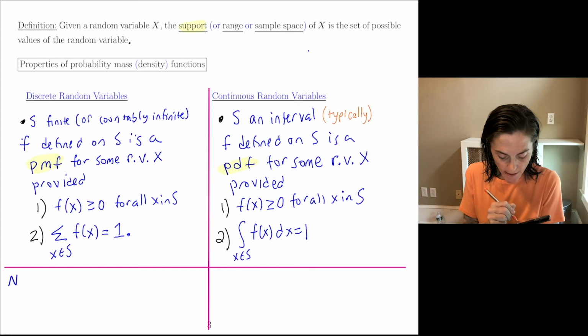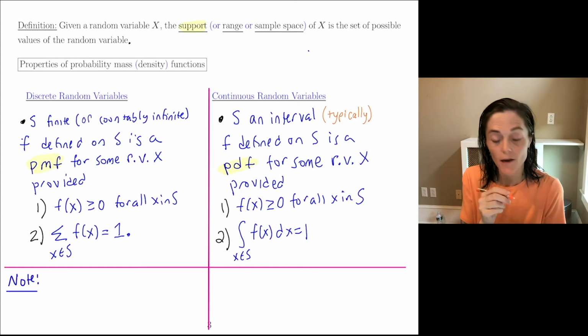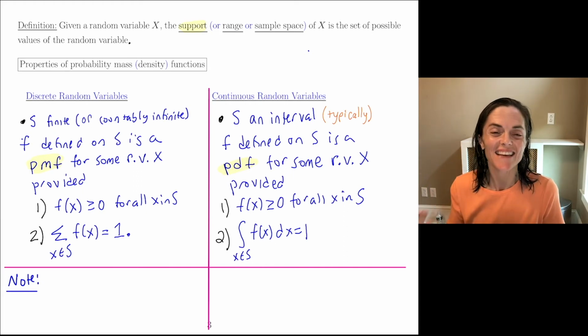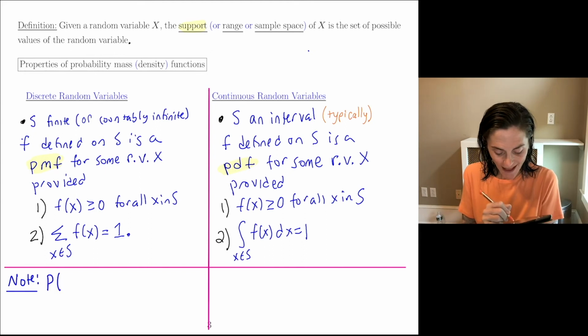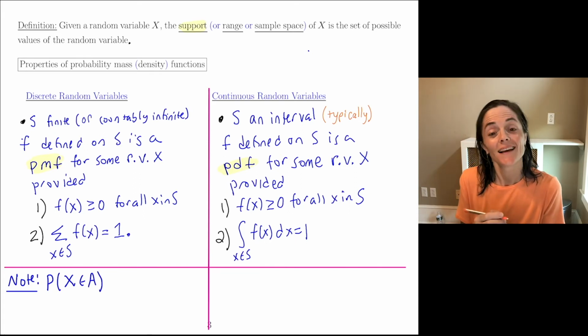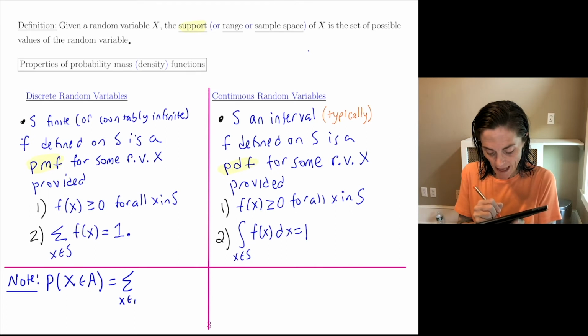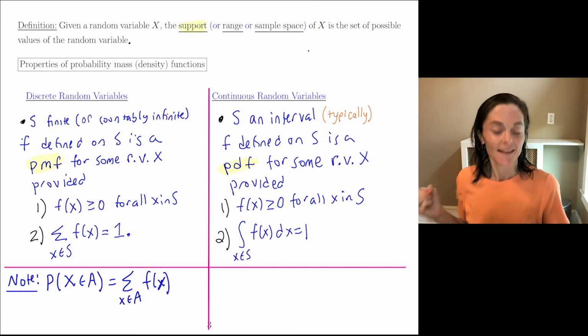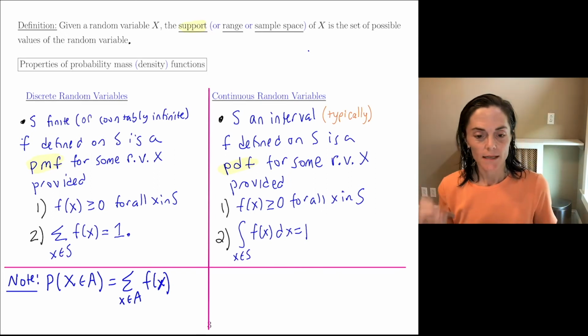This we actually saw in the last example, and then I'll also make a remark about the corresponding statement in the continuous world. So in this world, if you want the probability that your random variable lies in a set A, you just sum, just as we saw, little x in capital A of f of x. This is in the discrete world, whether you're working with a finite set or countably infinite set.